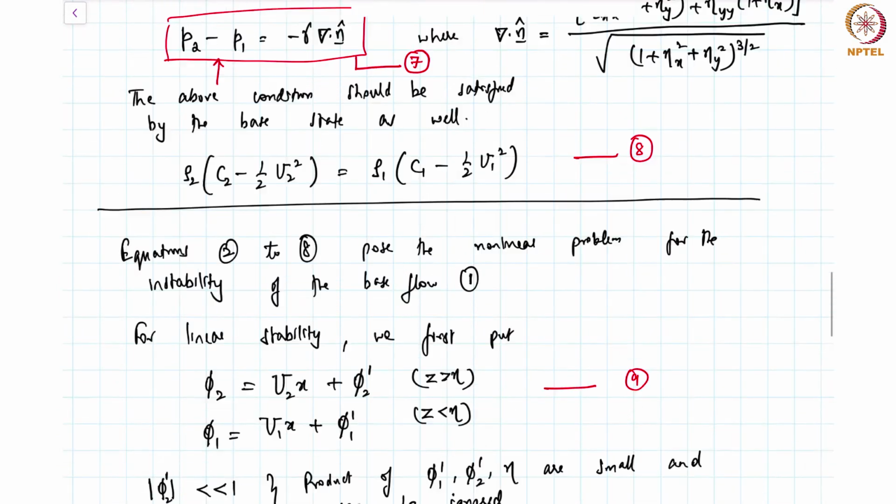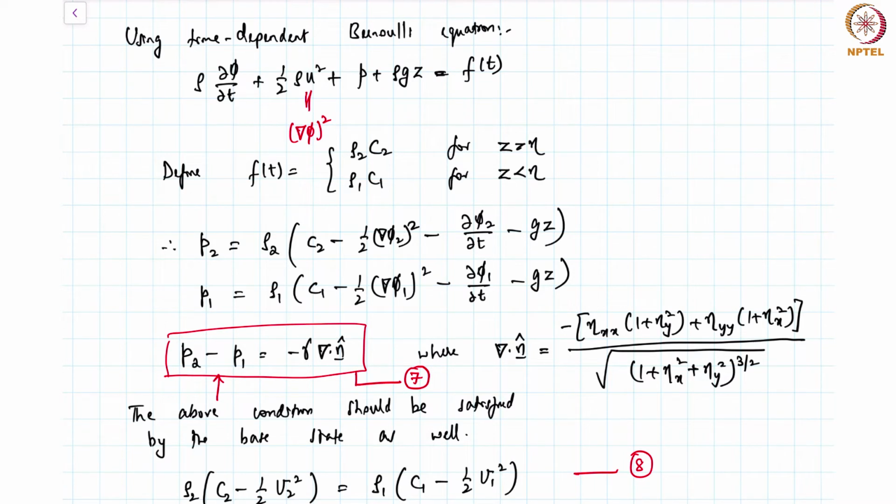Now what's the expression for the curvature that we wrote down? If you notice the expression for the curvature that I am just highlighting in a box now for your benefit, there are several terms which are products of perturbations. For example, a term like this. This is the product of eta xx with eta y, so it would be very small. The last term, again, this is also small. And in the denominator, you have eta x square term and eta y square. All these terms that I've highlighted are basically small.